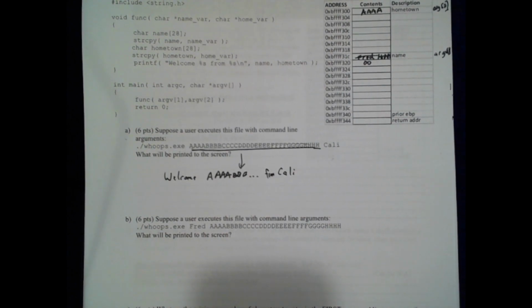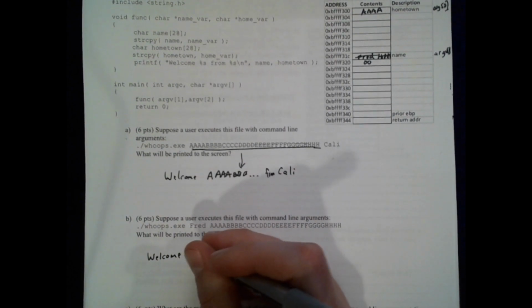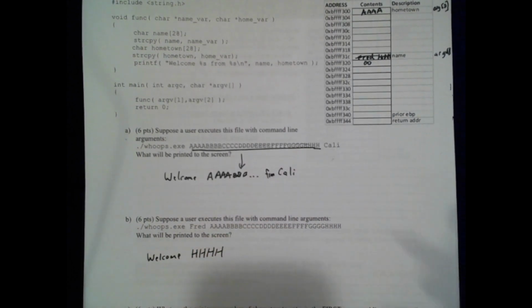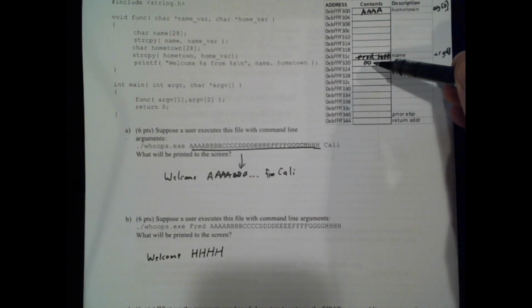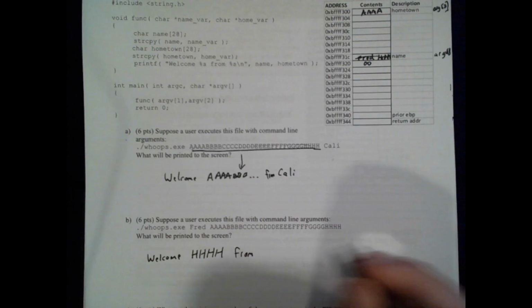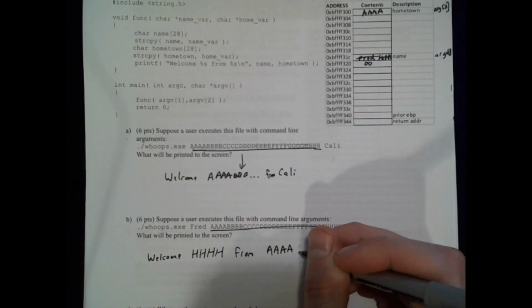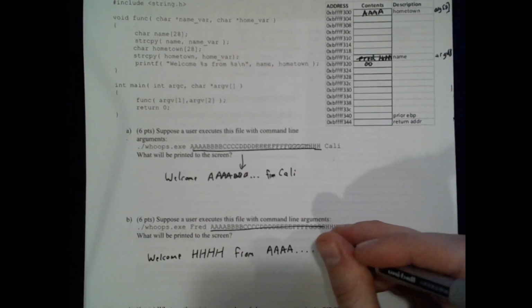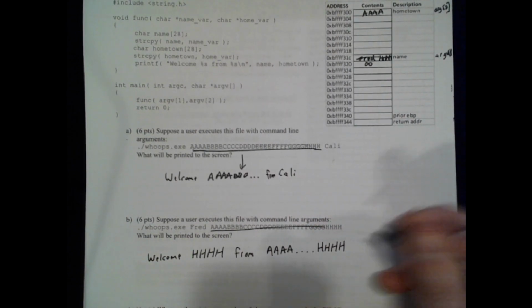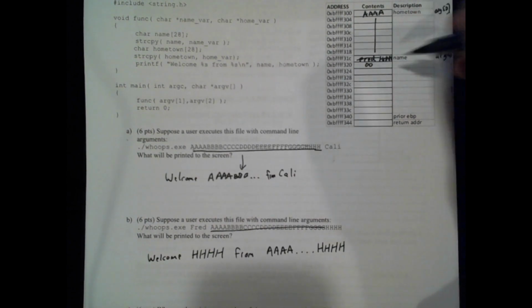And so what we're going to get when we print to the screen is welcome HHHH, because that has overwritten Fred and we have a null terminator there. And keep in mind, printf keeps going until it finds a null terminator for a string. And so we have welcome HHHH from, and then we're going to have this huge string here, starting AAA dot dot dot, and that's going to end up finishing with HHHH, because again, it's going to print the whole way down here through HHHH till it finds a null.